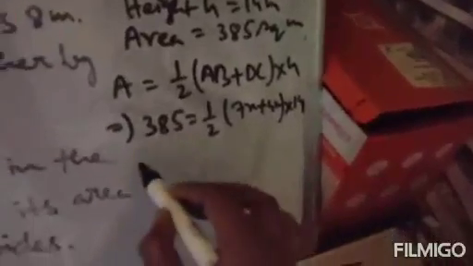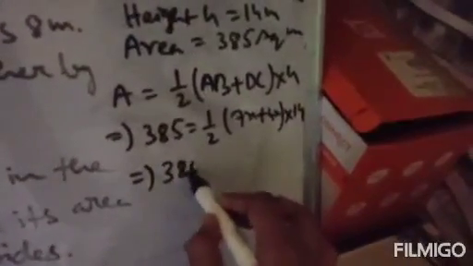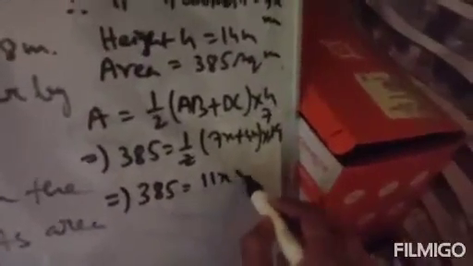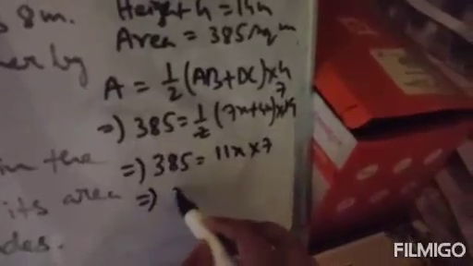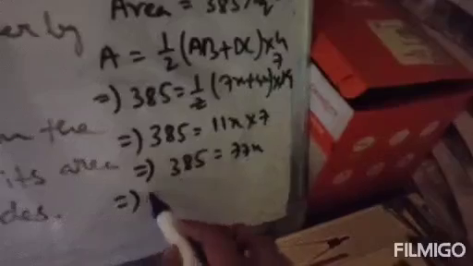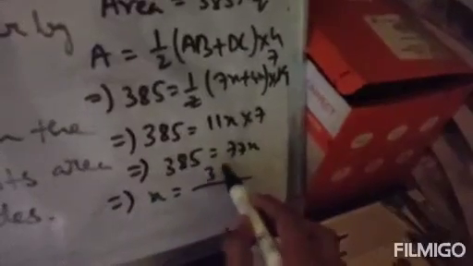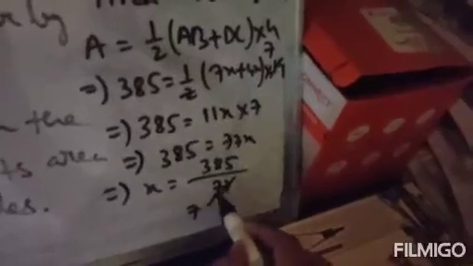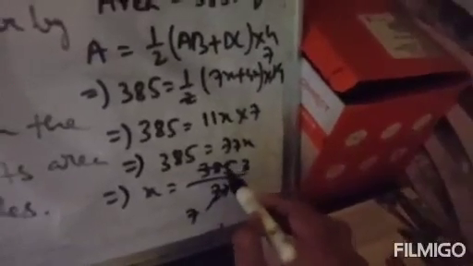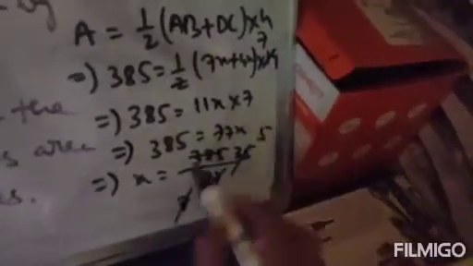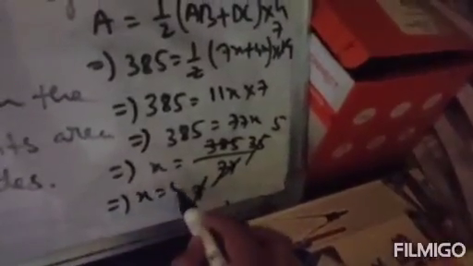So 385, if you reduce, 2 7s are 14, so 7x plus 4x is 11x into 7, that means 385 equals 77x, so x will be equal to 385 divided by 77. Now divide by 11. 11 7s are 77, 11 3s are 33, 11 5s are 55. So 7 5s are 35. That means x equals 5.